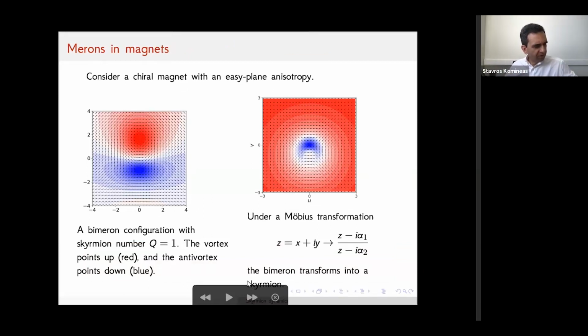So I hope I do have some more time, and I can expand the scope of these studies by saying that the skyrmion or the skyrmionium are not the only topological skyrmionic textures that are found in these chiral magnets. An interesting structure you can construct by taking what we would call a vortex. You see, you have this configuration.